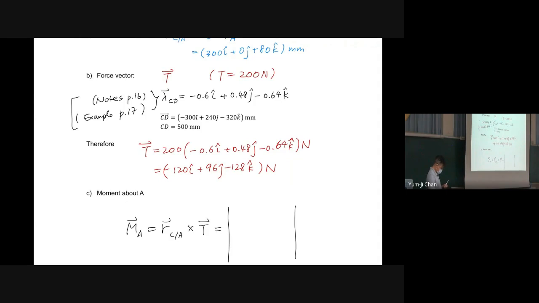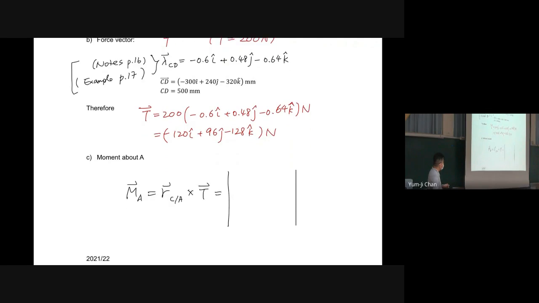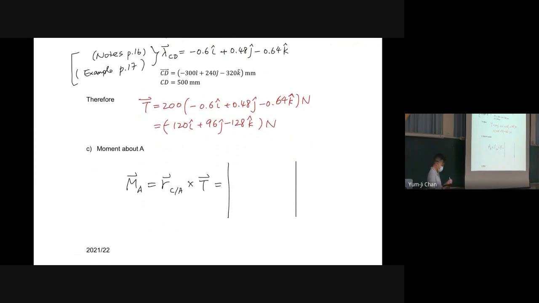That's the key thing I want to remind you. It can be calculated using this determinant.